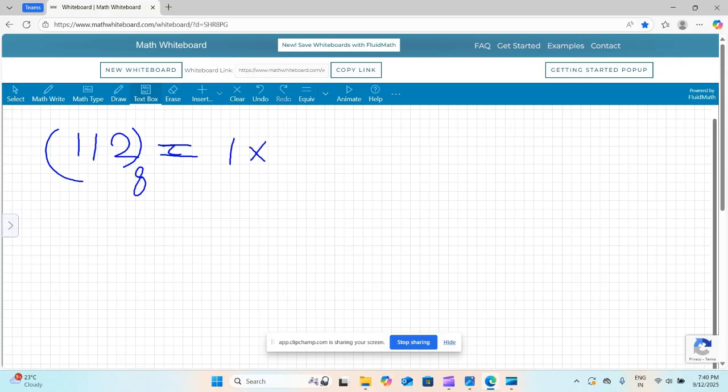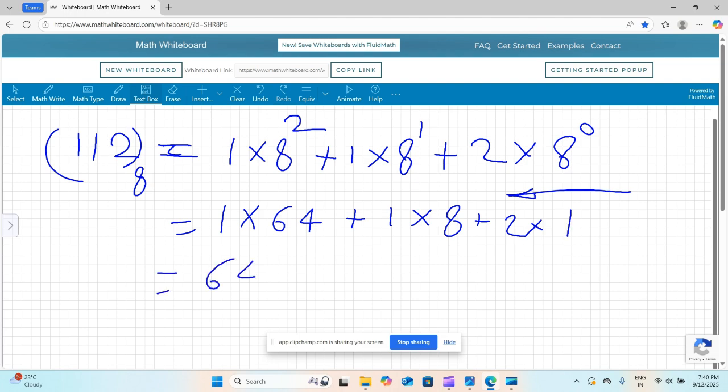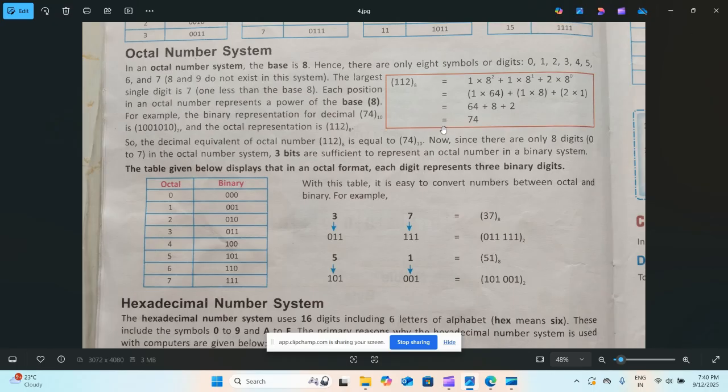So 1 you will multiply by 8 squared, which is 64, 1 multiplied by 8, and 2 multiplied by 8 to the power 0. So this is 74 base 10. See the answer. Now this way you can do. So the decimal equivalent of octal 112 is equal to 74.